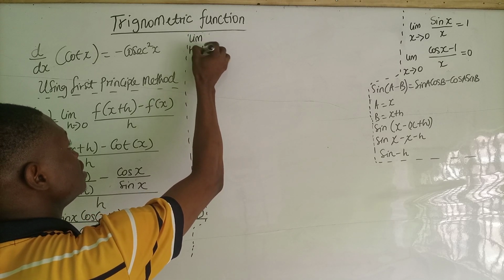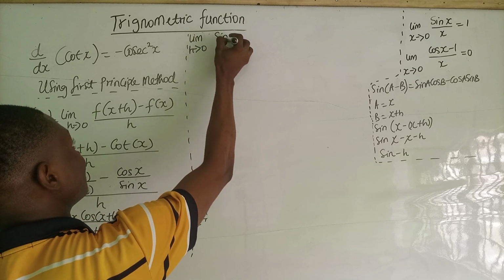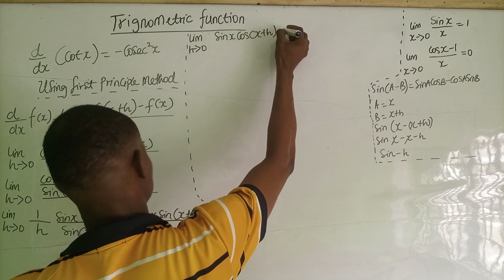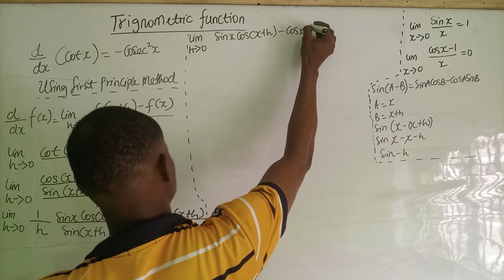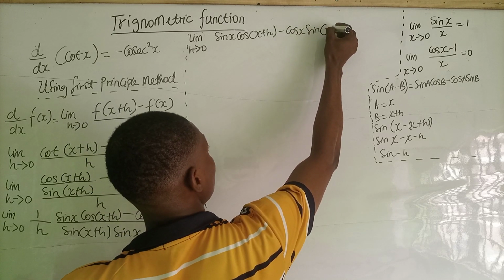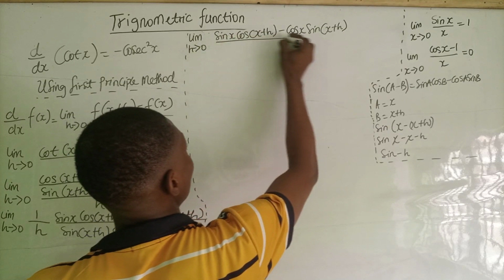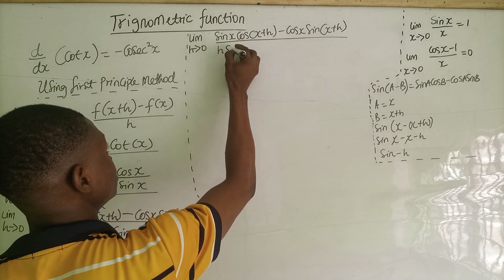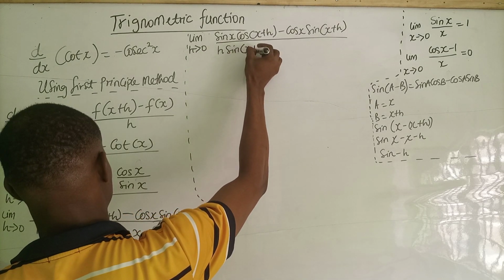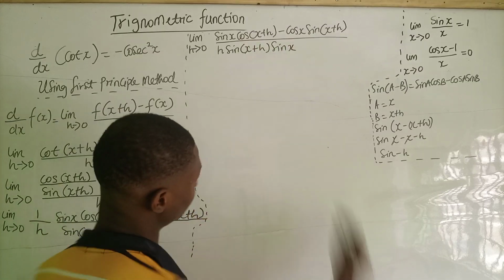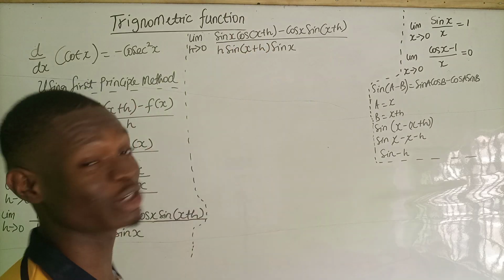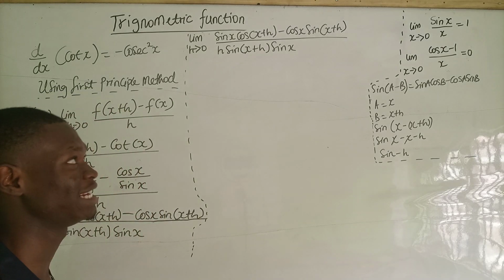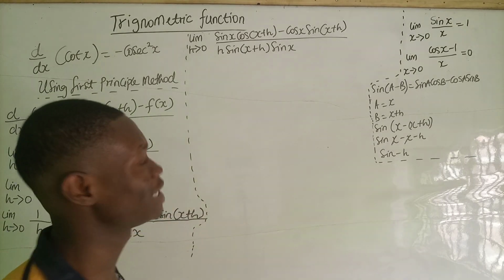Limit as h approaches 0 of sine x cos x plus h minus cos x sine x plus h all over h, multiplying this thing will give us h sine x plus h sine x. Can you see what is on the board?